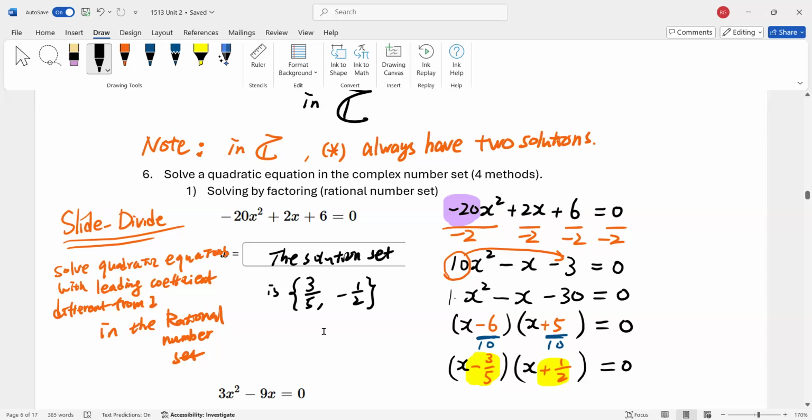Because we're going to learn more methods, and you can just use other methods and forget about this method. But I still had to cover it. So that's it. The first method is solving by factoring, and that method only applies when the equation is solvable in the rational number set.